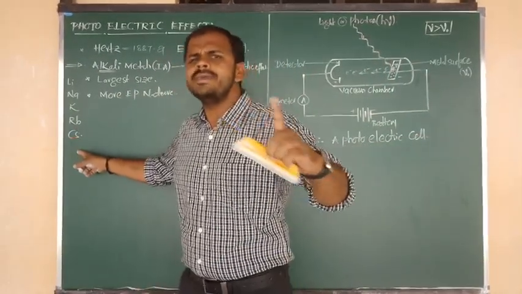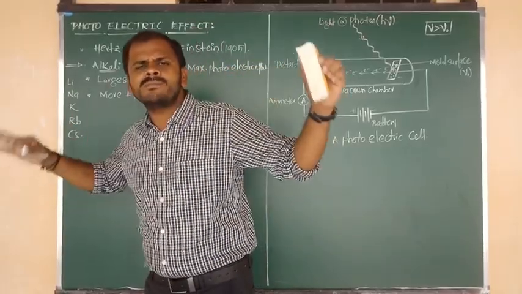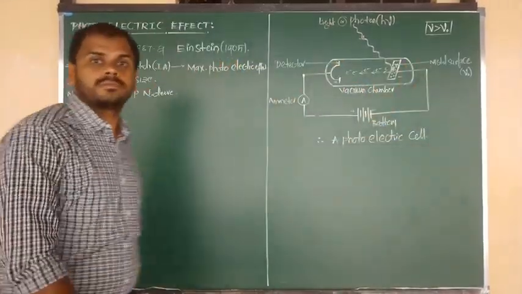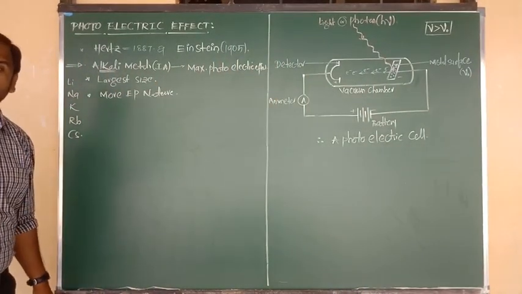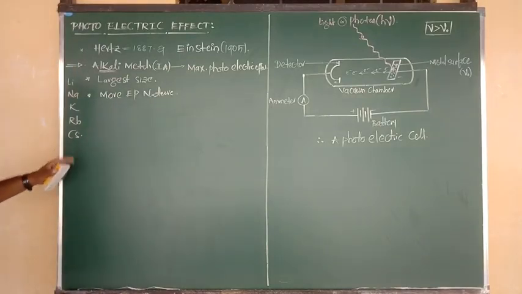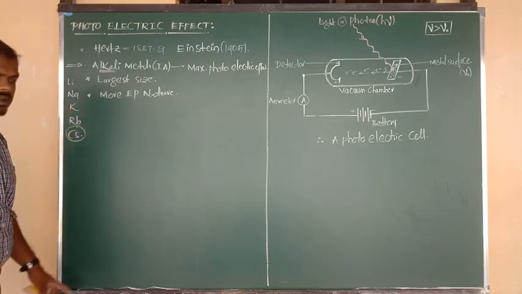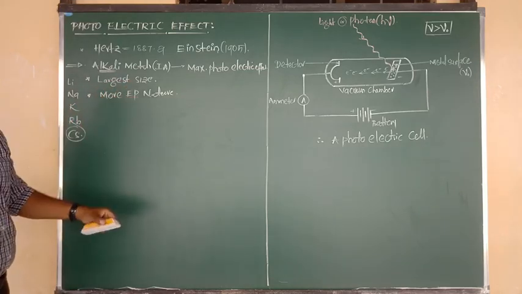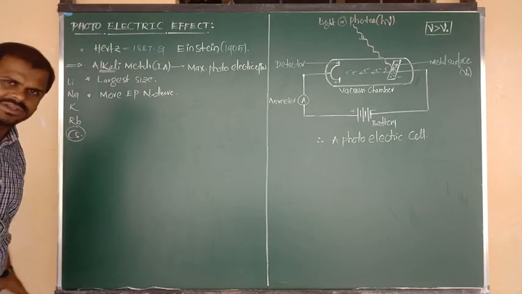Due to these two higher values, cesium shows the highest and maximum photoelectric effect. This question is repeated in the NEET exam: among the following, which metal shows maximum photoelectric effect? The answer is what, beta? Cesium. Because it contains the largest size and more electropositive nature.